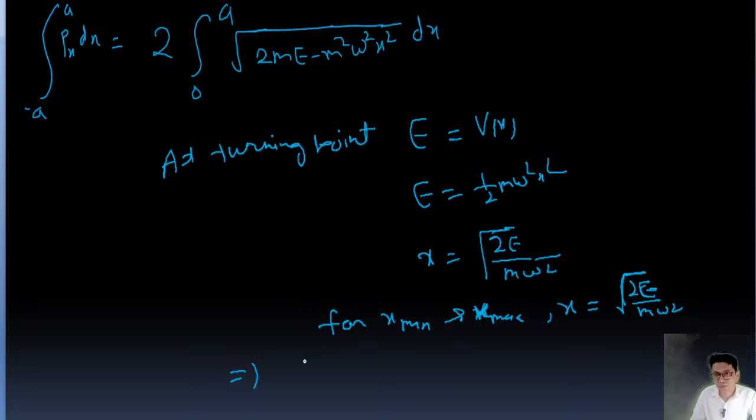It means the value of a is root 2E upon m omega square, because these are the points, 0 to a. X minimum is 0, x maximum is a.